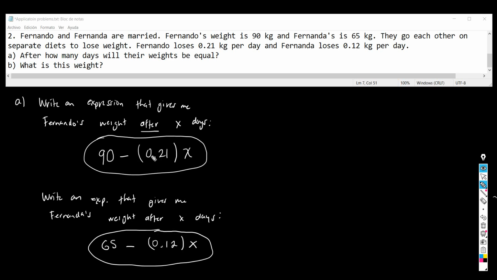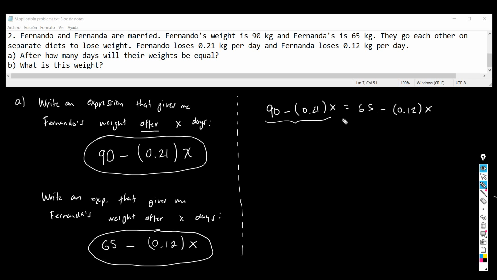So that tells me right away that these two expressions have to be equal, and I need to write down that equation like so, because by solving this equation I would be getting the number of days X at which both weights are equal.